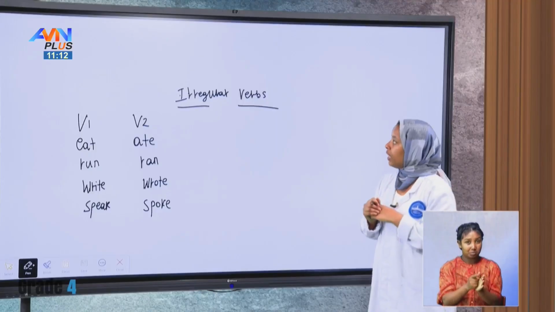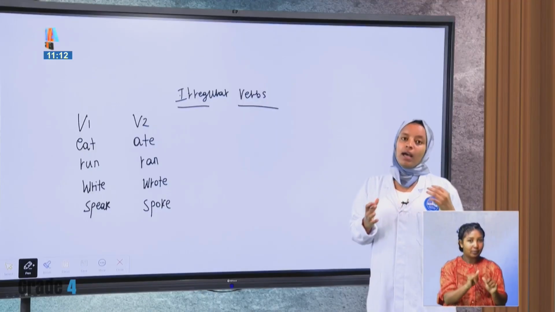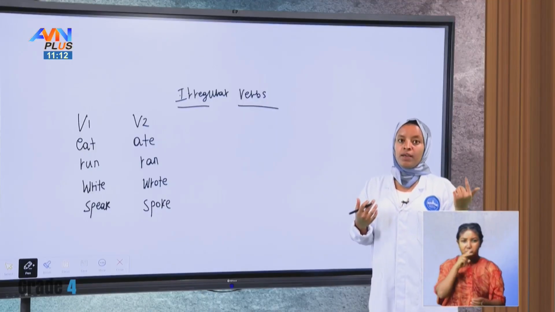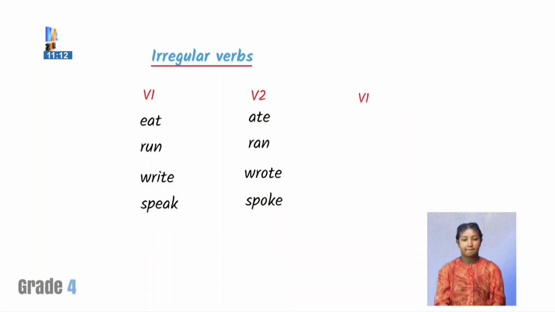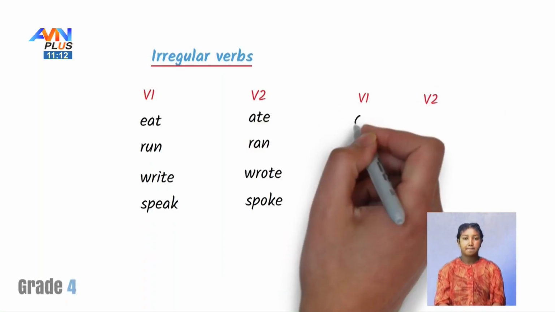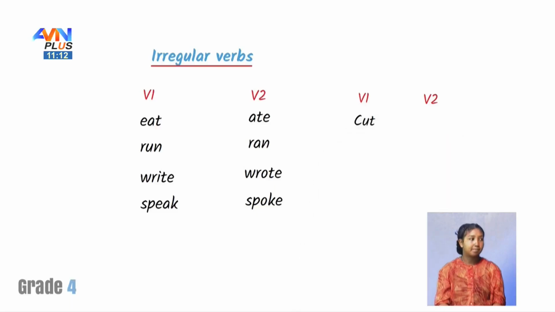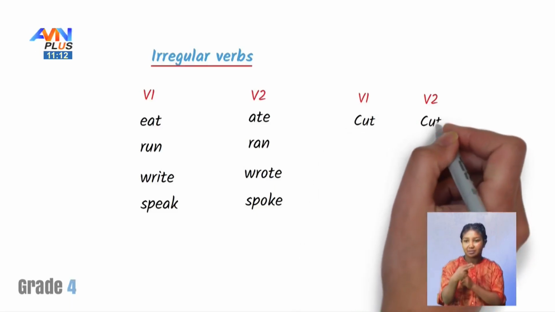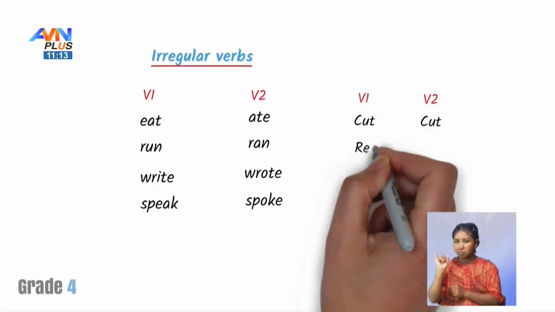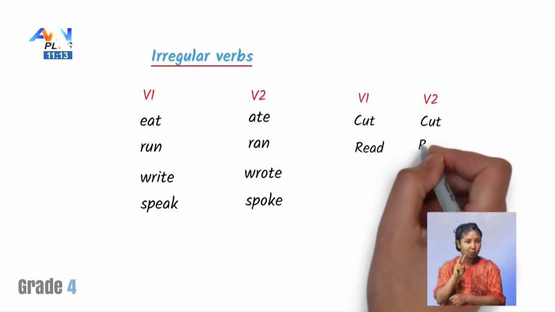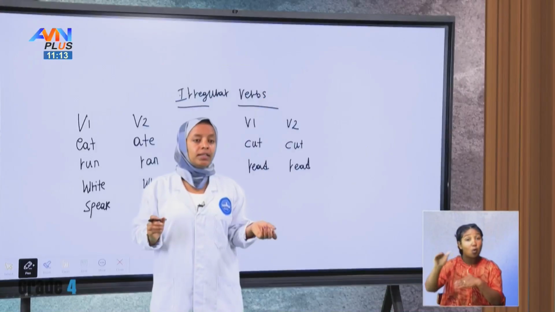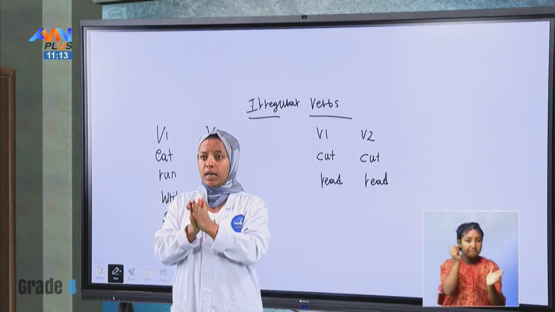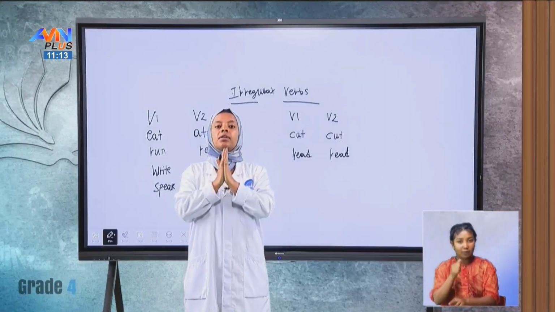Let me add, for example, those words that are not changing at all. Those verbs are not changing at all, even as verb 2, the same as V1. Here is cut, cut. Read, read. So these all are examples of irregular verbs.